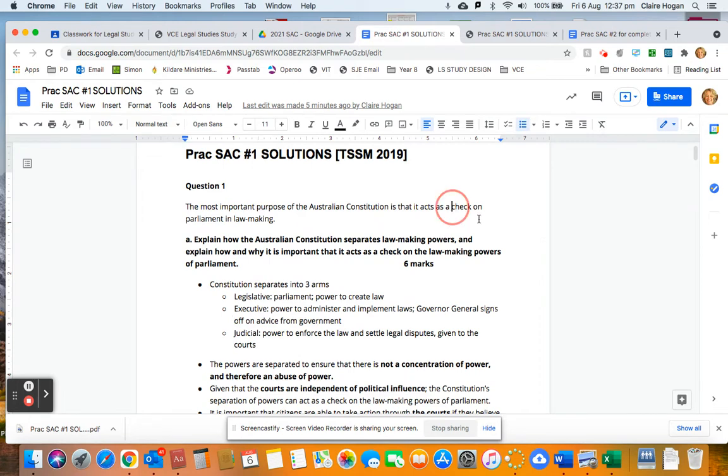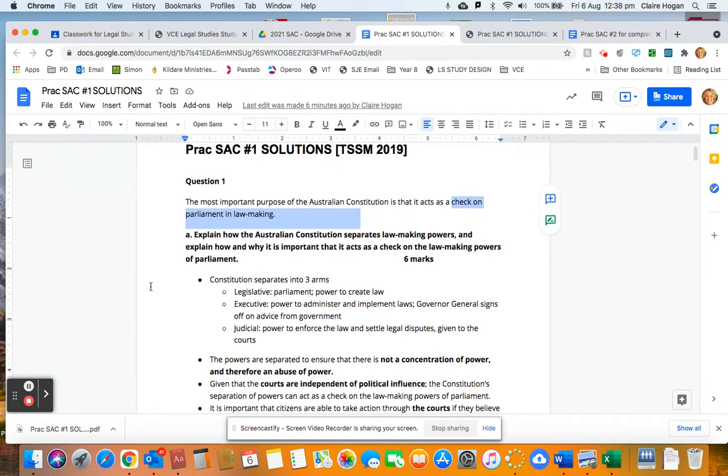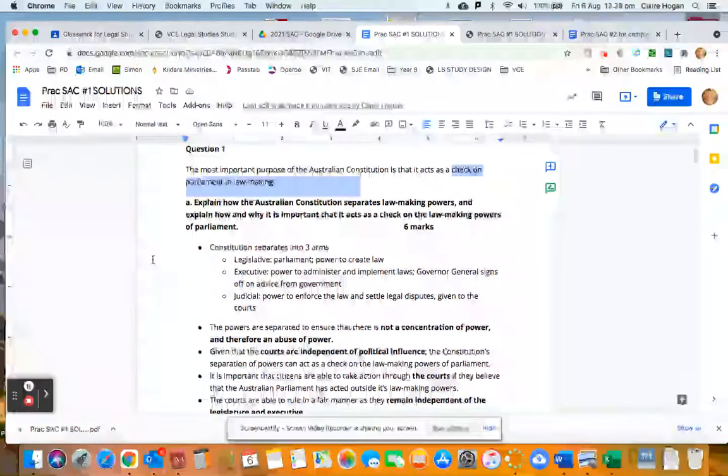That's what this dot point covers. Those checks on Parliament. There were 5 of them. There was the bicameral system, the separation of powers, express rights, the High Court interpretations, and the double majority. So you can expect question 1 to be about checks.